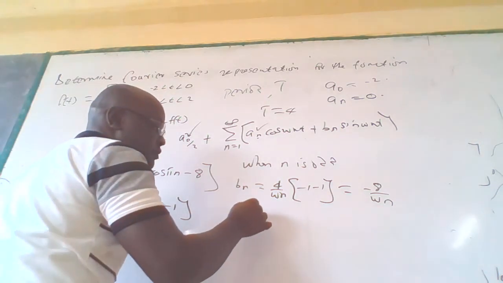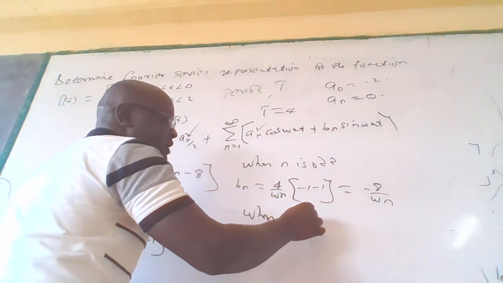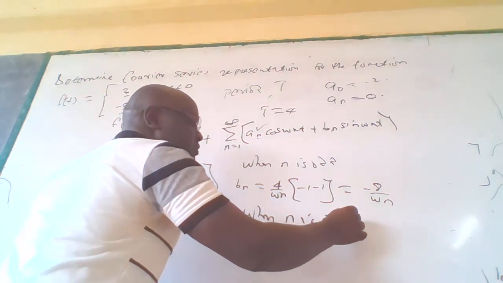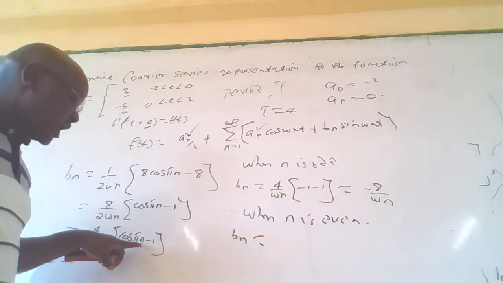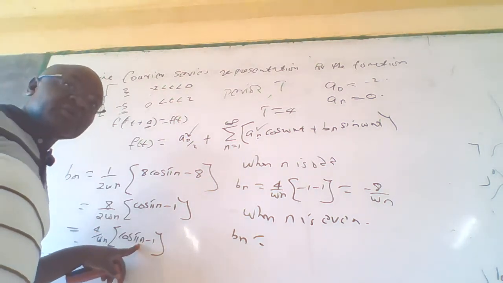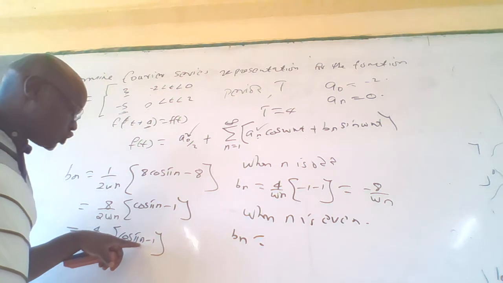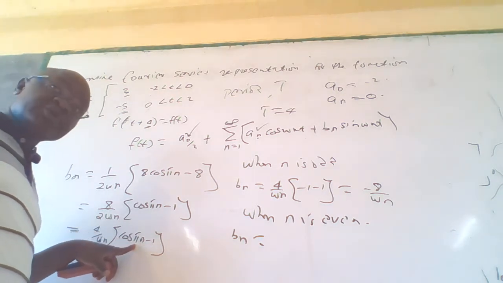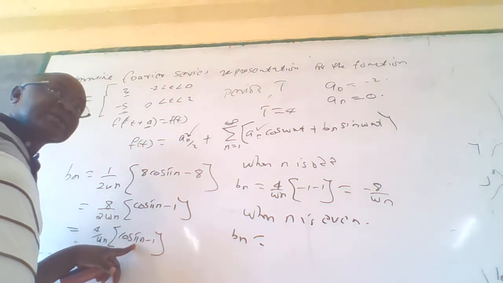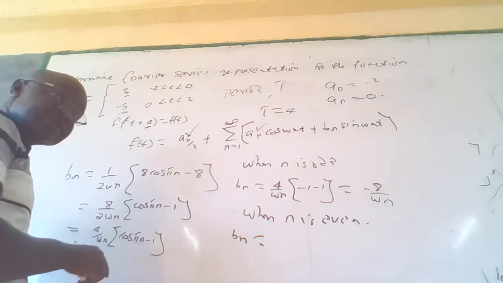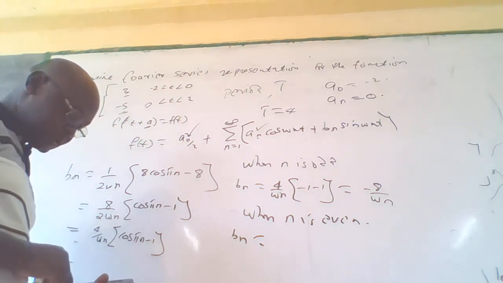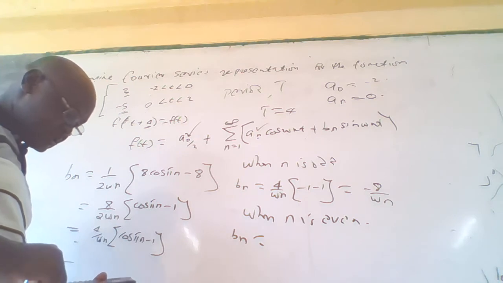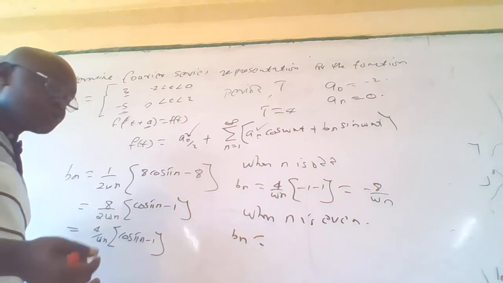Then when n is even, now when we are testing for even, we use n will be 2. So this will be 2 pi. 2 pi is the same as 360. So we get cos 360, which equals 1.